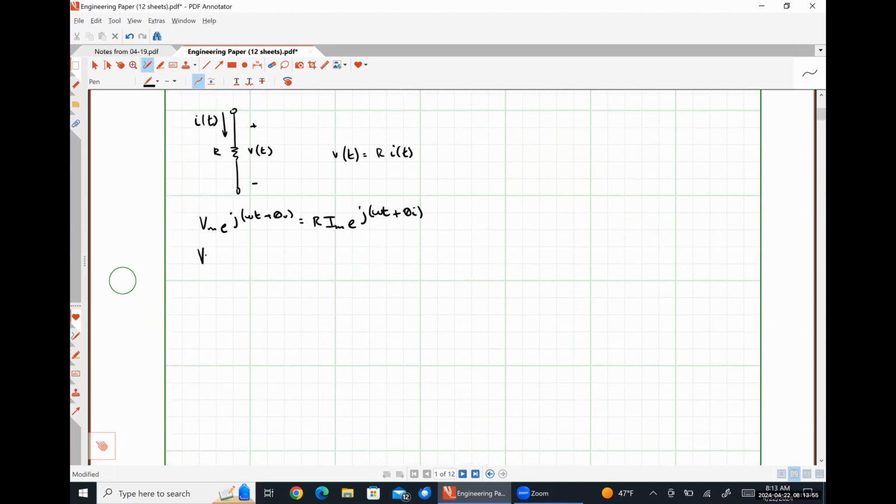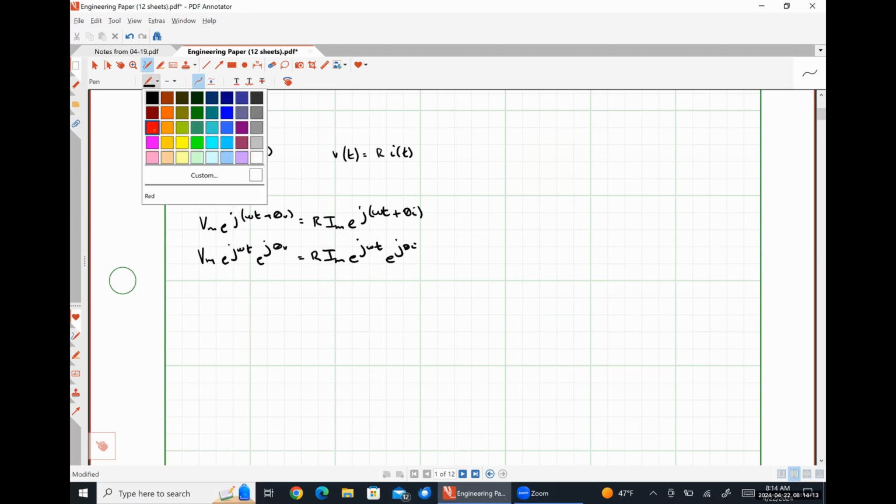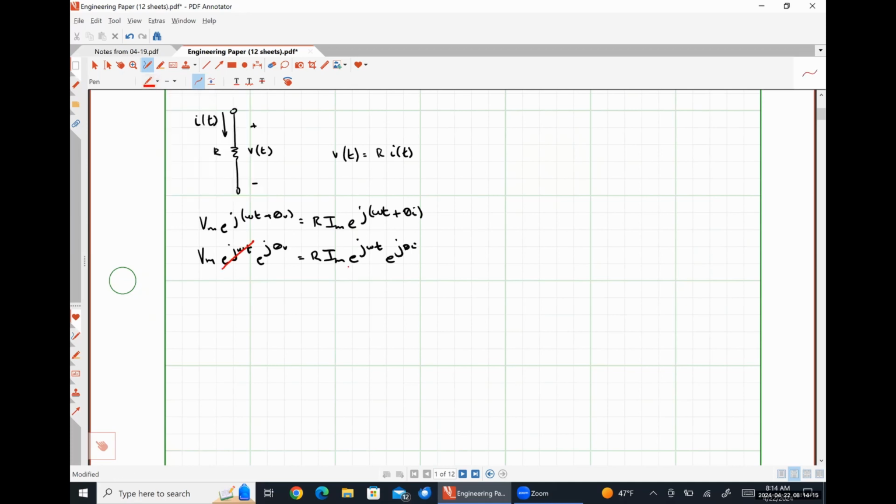So we would have Vm e to the j omega t times e to the j theta v is equal to R Im e to the j omega t e to the j theta I. We can very easily see that there is a common factor of e to the j omega t on both sides, which goes away.